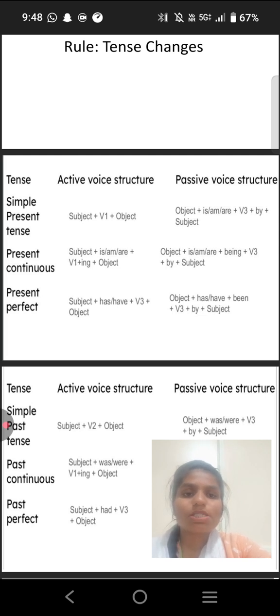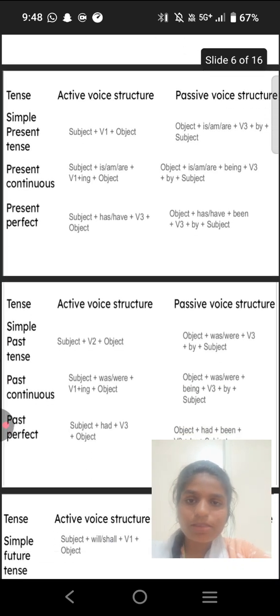In passive voice, object plus is or am plus being plus V3 plus by plus subject. Present perfect: subject plus has or have plus V3 plus object. In passive voice, object plus has or have plus been plus V3 plus by plus subject.